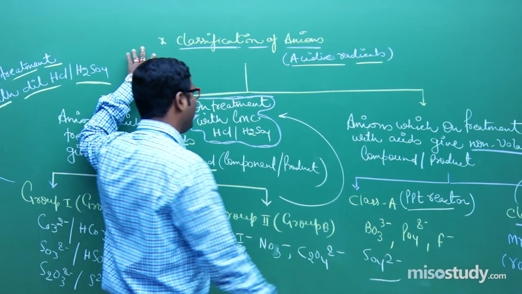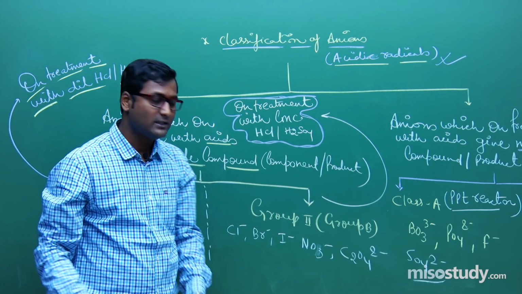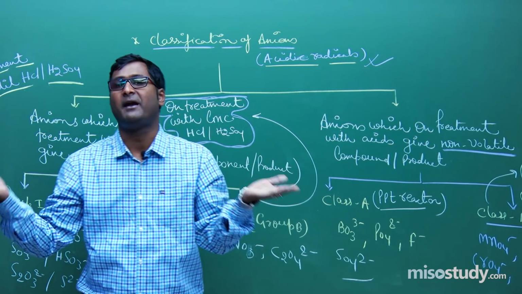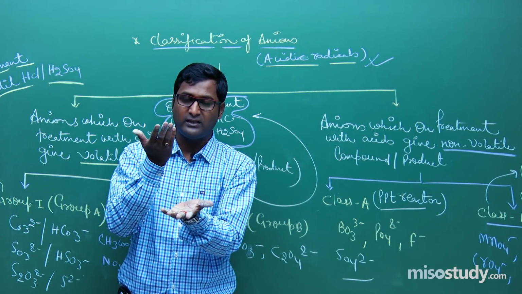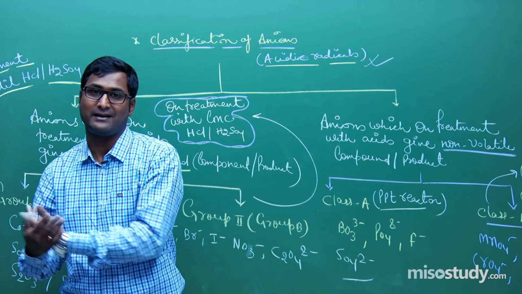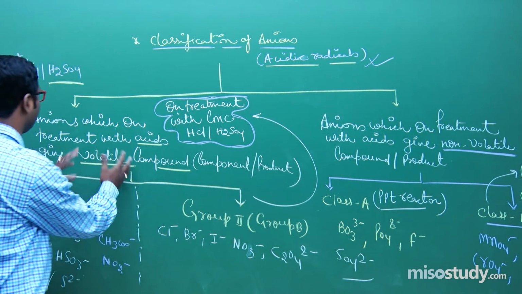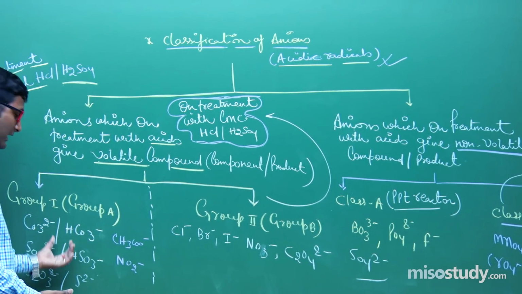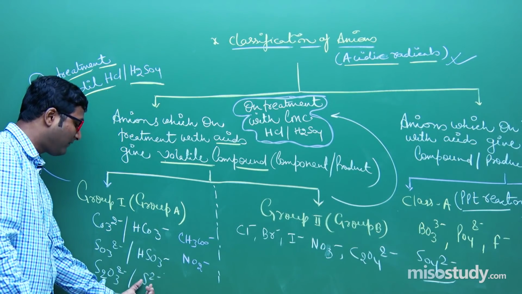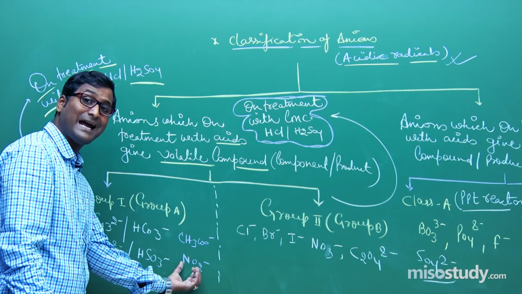That is, acidic radicals are further classified into two types. First of all, treatment with HCl, dilute or concentrated. If dilute HCl, then the category is carbonate, bicarbonate, sulfite, bisulfite, thiosulfate, sulfide, acetate and nitrite.